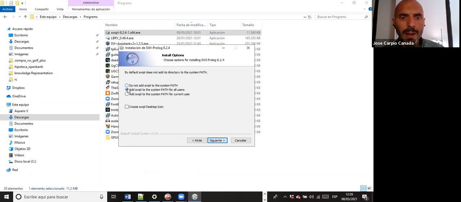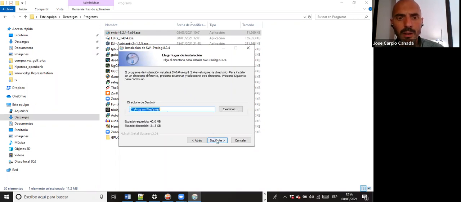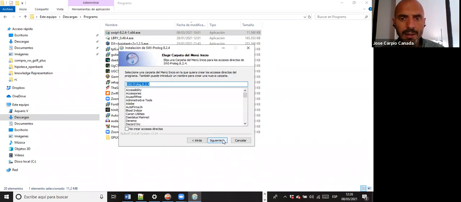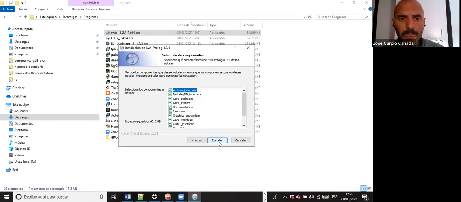You can add the name of the program to the path because it will be easier to find it. So you can choose this option, add to the path for all users. This is the path where the files will be installed, Program Files. Next, this is the name of the folder.